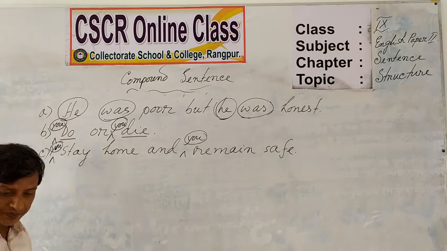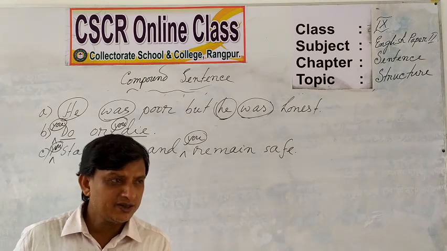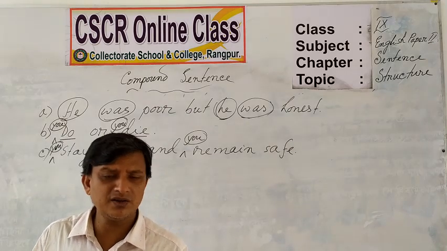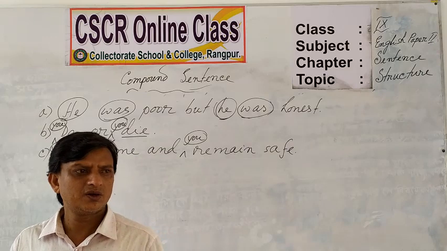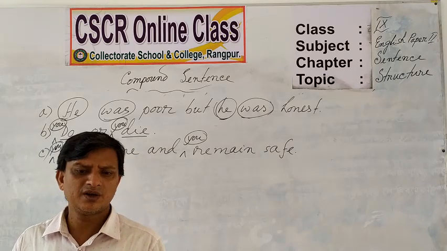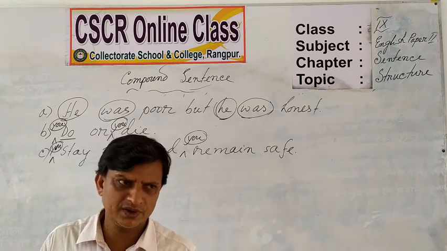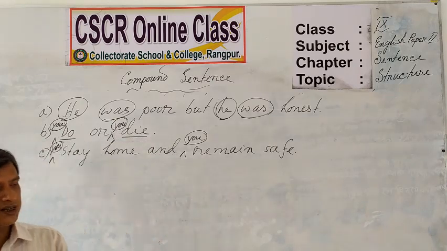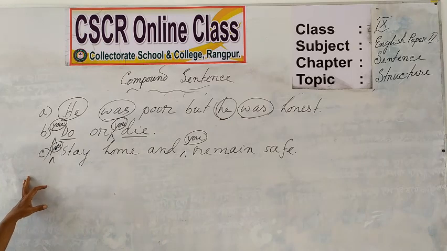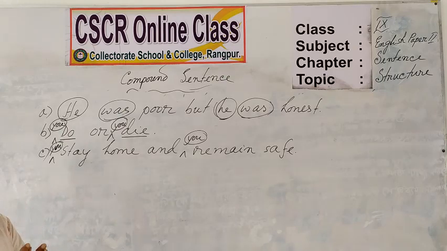Dear students, in a complex sentence we can find more than one subject, more than one finite verb. Again in these sentences there are two subjects, two finite verbs. So how can we separate these sentences from the first sentences?